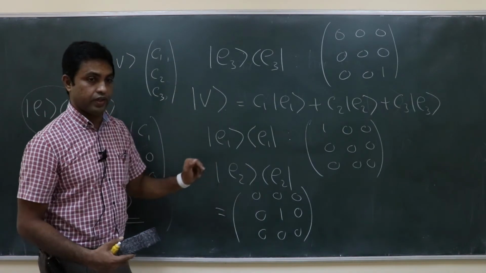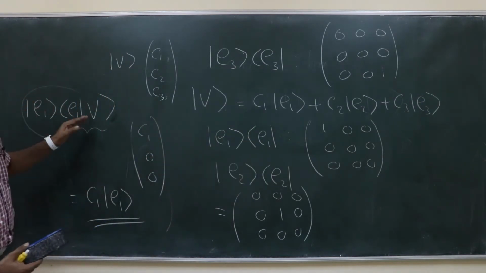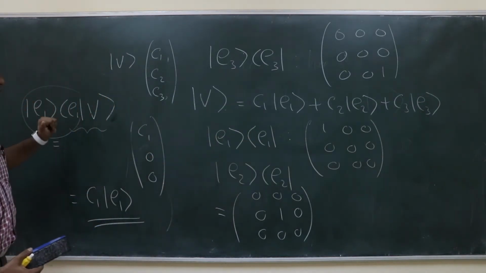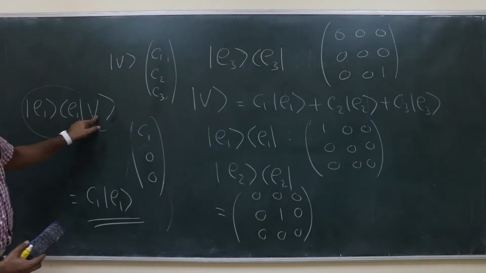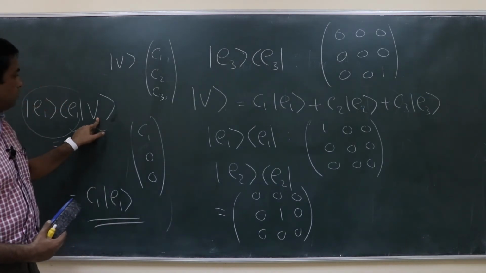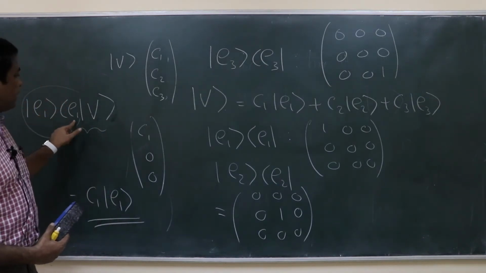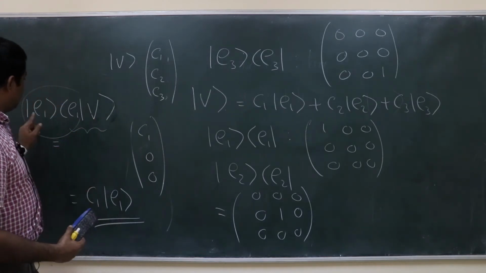Ket E1 bra E1. If you act that on any vector, that will give you the projection along ket E1. Similarly, ket E2 bra E2 ket V, what will I get? I will get C2 E2.